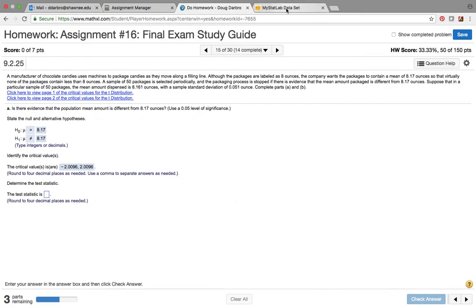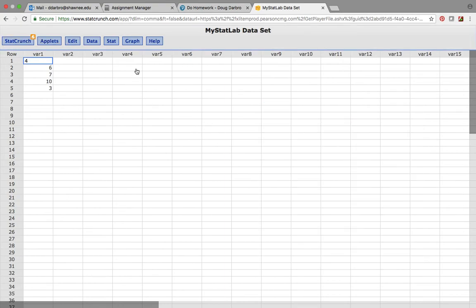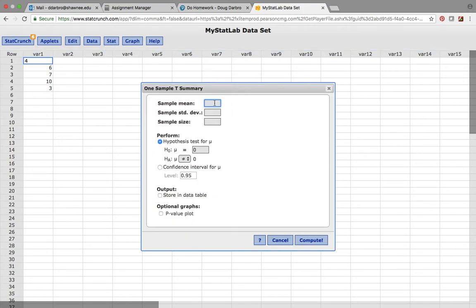Determine the test statistic. Well, gang, I'm going to use StatCrunch here. So I'm going to go Stat, T Stats, One Sample, with summary. My sample mean was 8.161, my sample standard deviation was 0.051, and my sample size was 50.